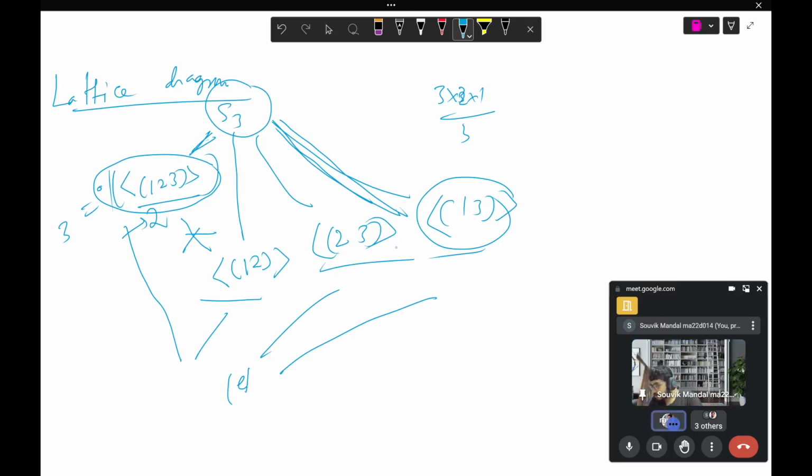Okay. So can you please tell, from this lattice diagram, what is the normalizer of the subgroup 1, 2, 3? What is its normalizer? I mean, do you know the definition of normalizer?